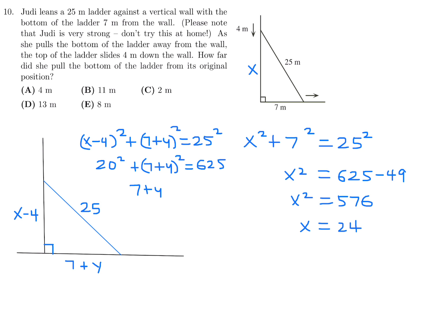So (7 plus y) squared will be 625 minus 400, right? So that's 225. And then if you take the square root of both sides, you get 15 is 7 plus y, and therefore y is equal to 8. So that horizontal move was 8 units in length, and therefore number 10, the answer is E.